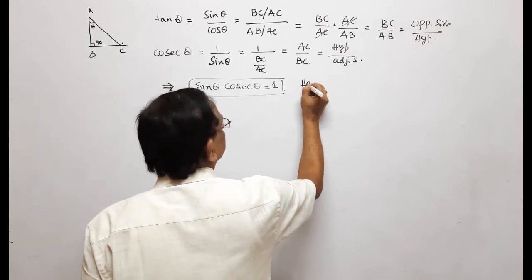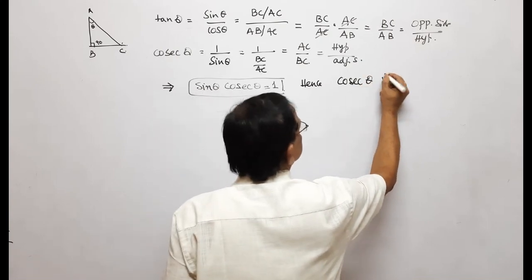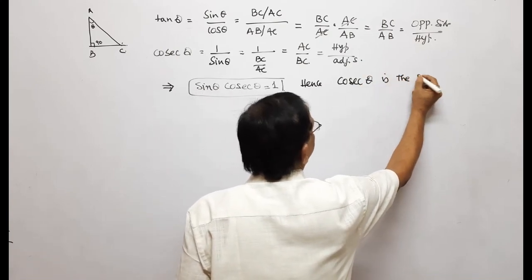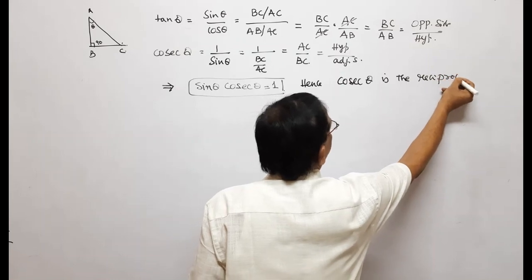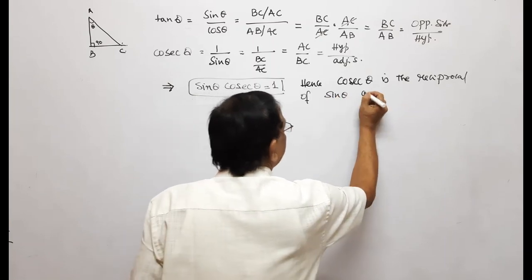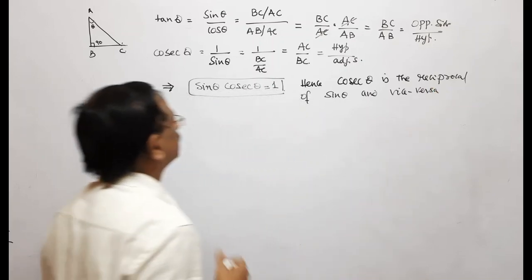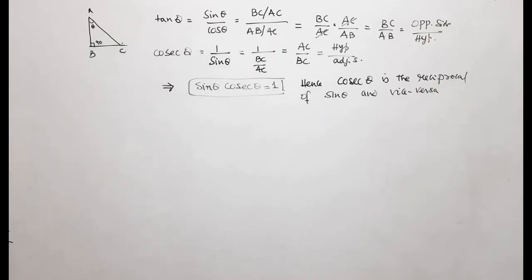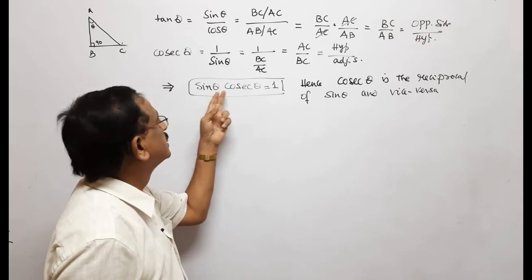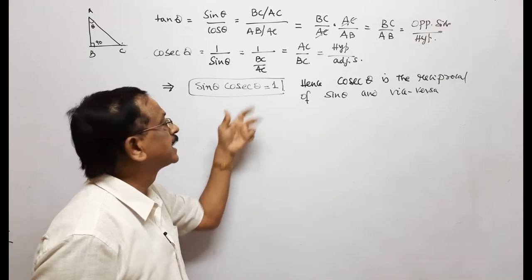Hence, cosecant theta is the reciprocal of sine theta and vice versa. What do you mean by vice versa? Sine theta is a reciprocal of cosecant theta and cosecant theta is a reciprocal of sine theta. They are mutual reciprocals. That means sine theta is 1 by cosecant theta or cosecant theta is 1 by sine theta.